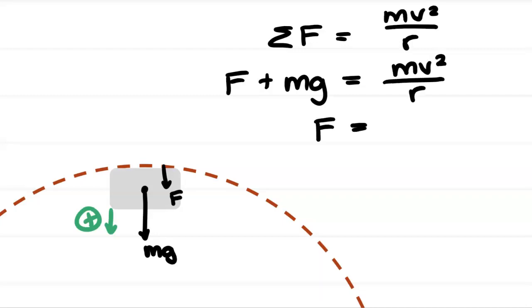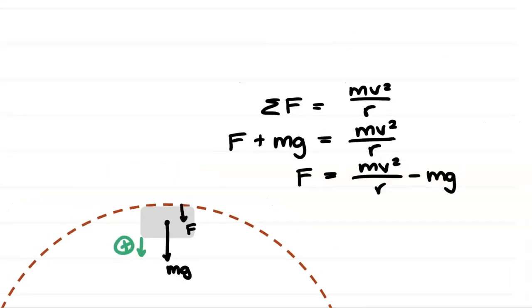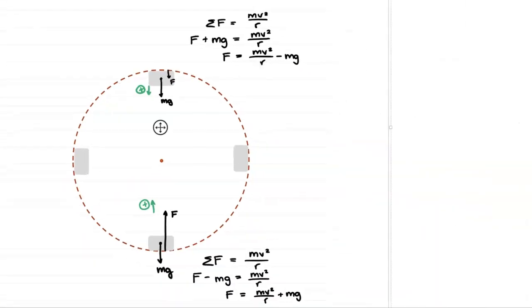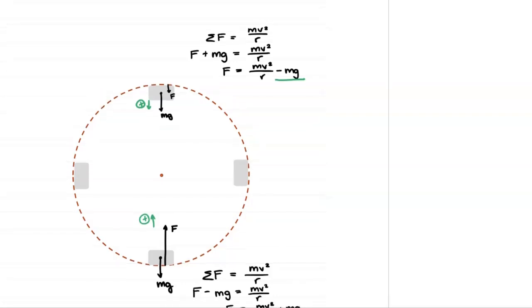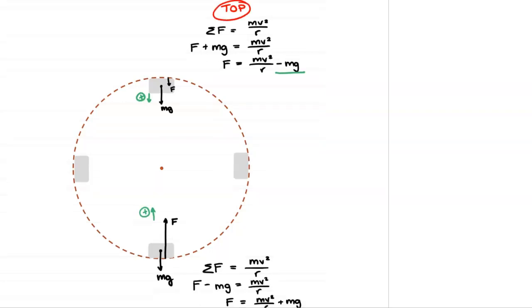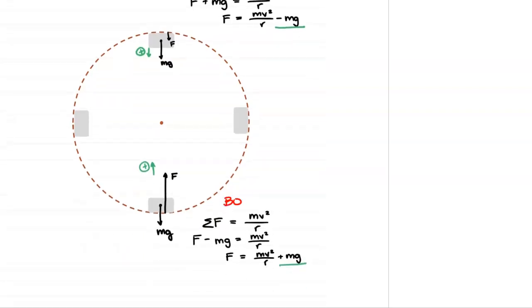So F in this instance is going to be equal to mv squared over r minus mg. So we've got two calculations for the force here. The top one had minus mg, whereas the bottom one had plus mg. That helps us see that the force is smaller at the top and larger at the bottom. Let's make sure we've labeled that to make it abundantly clear. We're talking about the top here. Here we're talking about the bottom.